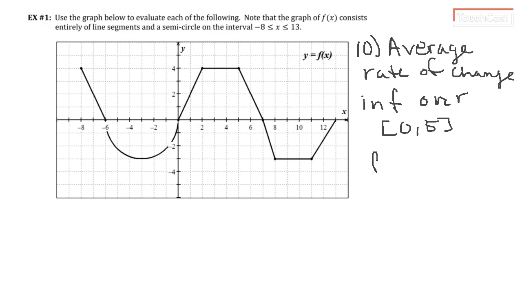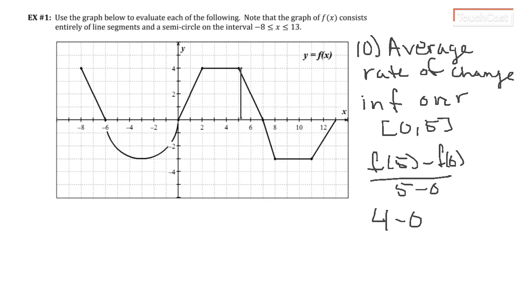So we're going to take f of 5 minus f of 0 over 5 minus 0. Well, f of 5 is 4, and f of 0 is 0, so we're going to go 4 minus 0 over, well, 5 minus 0 is 5, and 4 minus 0 is 4, so the average rate of change from 0 to 5 is 4/5.